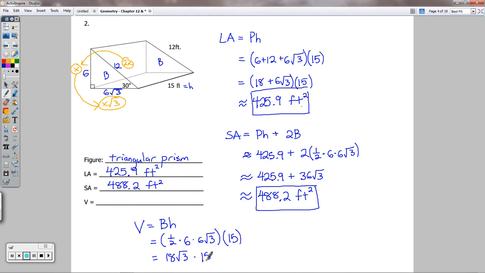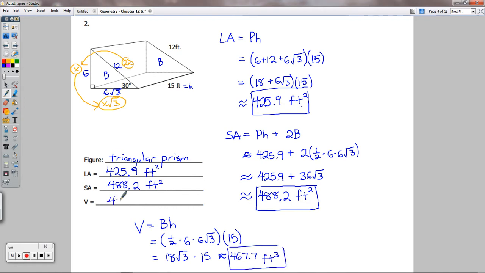That times 15. And if I put that into a calculator, we've got 18 times the square root of 3 times 15. Looks like I've got 467.7 approximately. So 467.7, and we're talking feet cubed now for a volume.